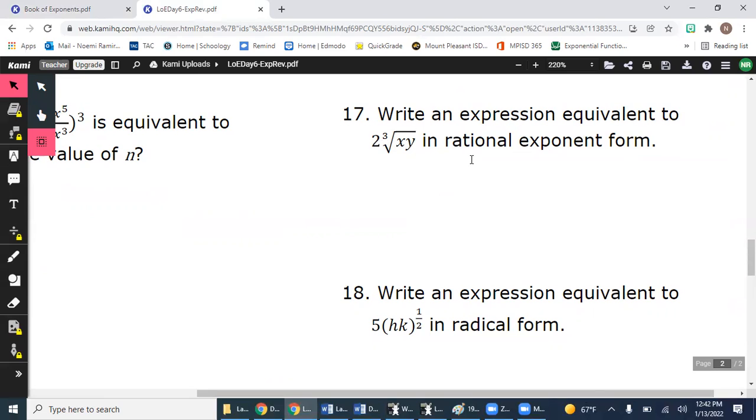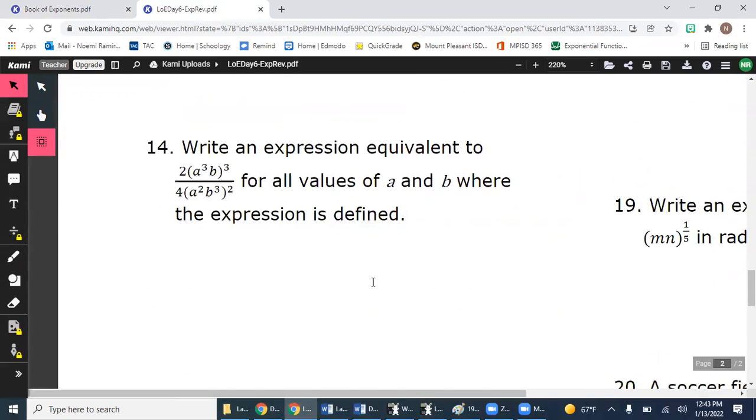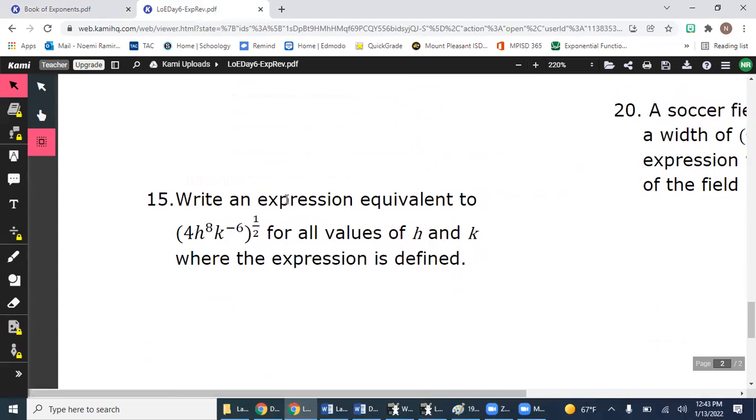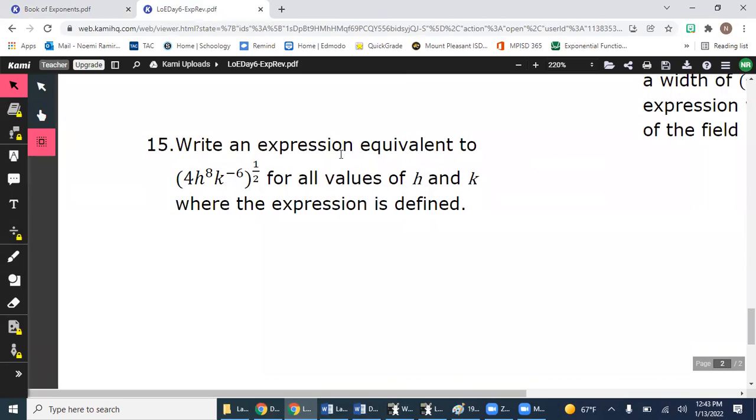We're going to take it out of the radical and change it to exponent form, where your exponent becomes a fraction. 18, you're going to change it to radical form. Take it out of the parentheses, put it back under the root, under the radical sign. But if you look at 15, it's just asking you to simplify this problem. It doesn't say anything about converting it to radical or exponential form.